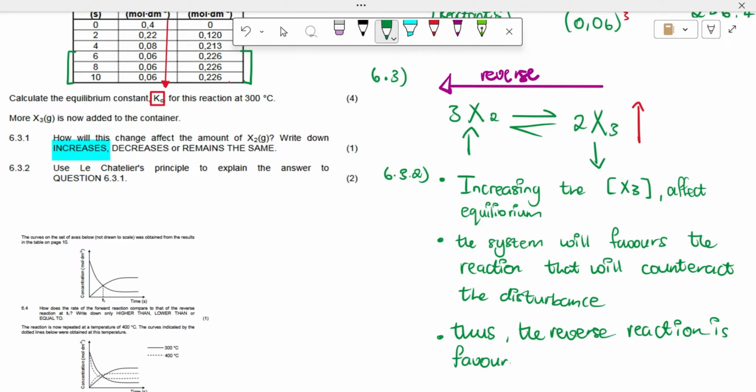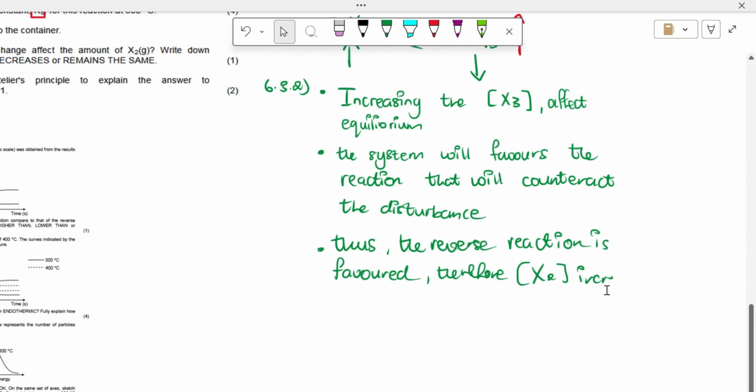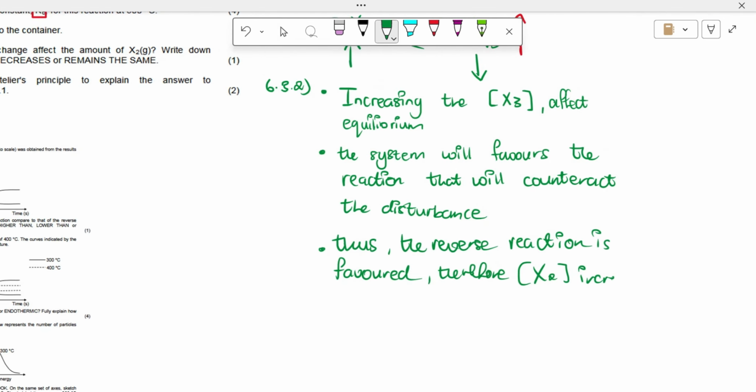Thus, the reverse reaction is favored. Therefore, X2 concentration increases. And there you have it.